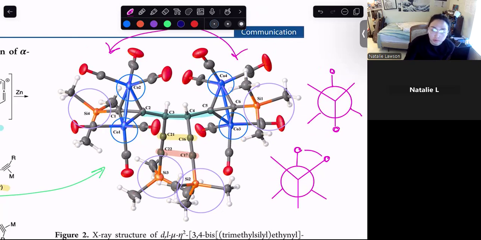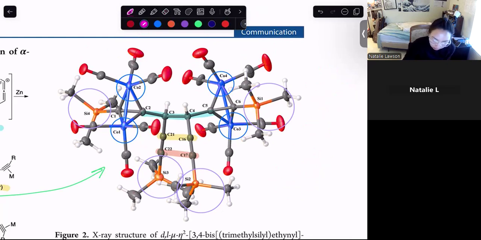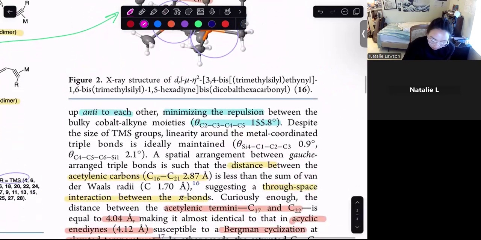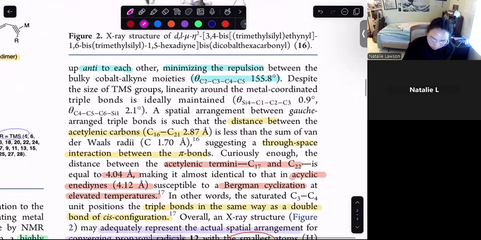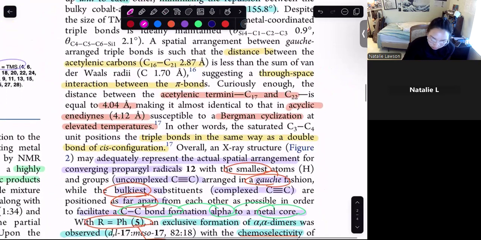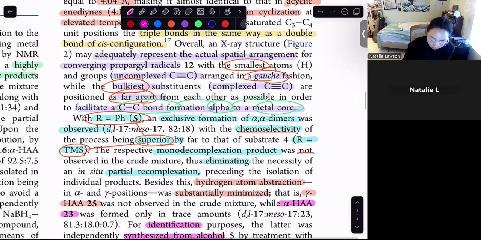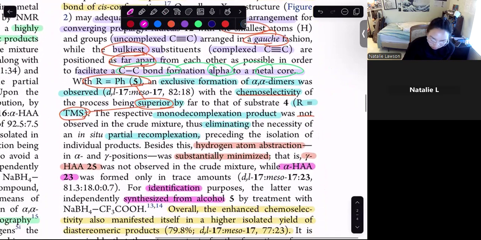Cobalt I circled in blue. So this is all to minimize steric hindrance. Okay. Minimizing repulsion. Groups were placed far apart.